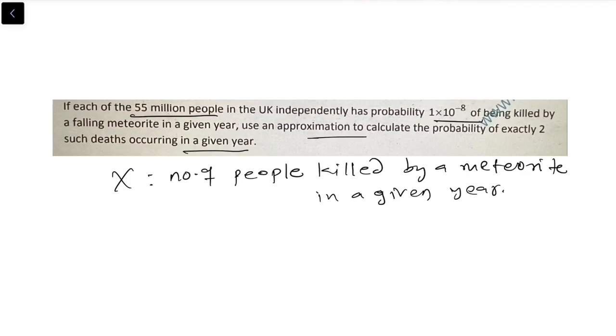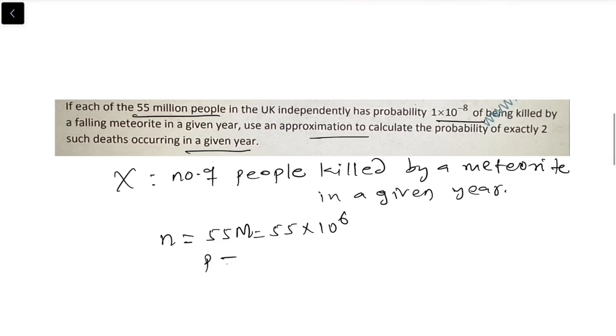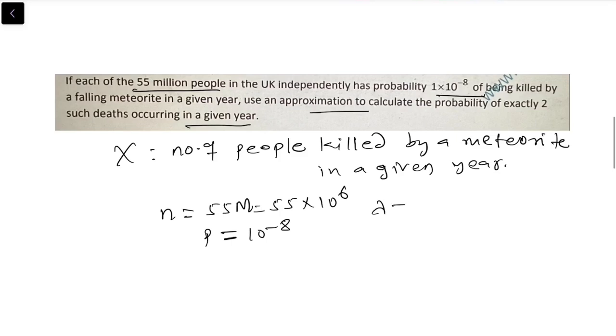then x has the binomial distribution, where n is 55 million. We can write this as 55 times 10 to the power 6, and the probability of dying is 10 to the power minus 8. Now we can approximate this by using the Poisson distribution, where lambda is np, so 55 times 10 to the power 6 times 10 to the power minus 8, which is 55 times 10 to the power minus 2.